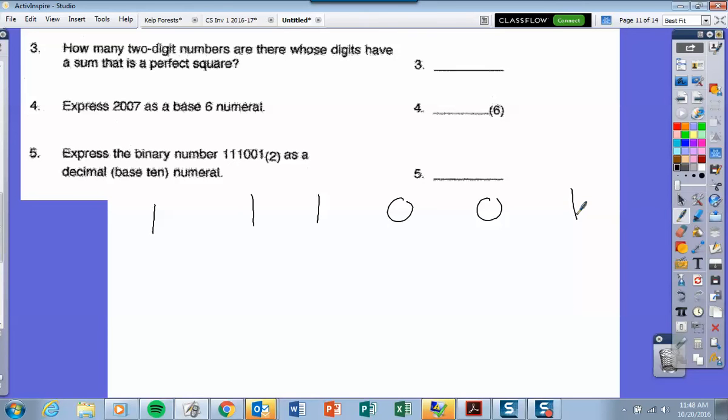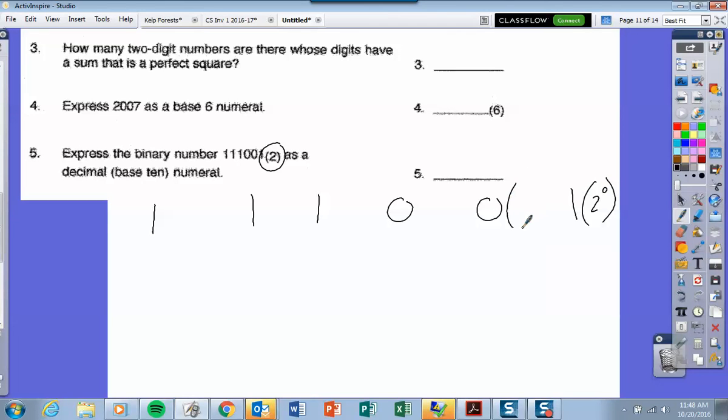What we have to know about binary is that every number here is going to be the next power, in this case with a base of 2. So this first guy right here is 1 times 2 to the 0, and 2 to the 0 power is just 1, so 1 times 1 is 1.